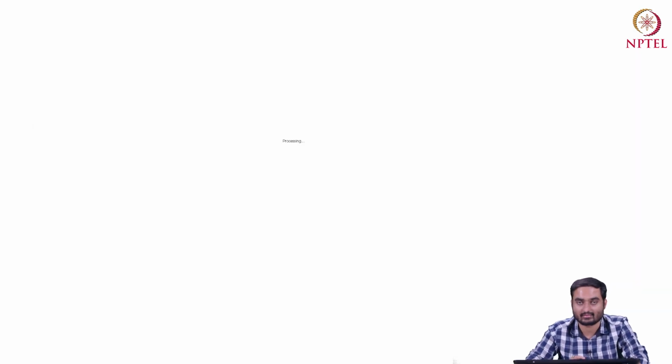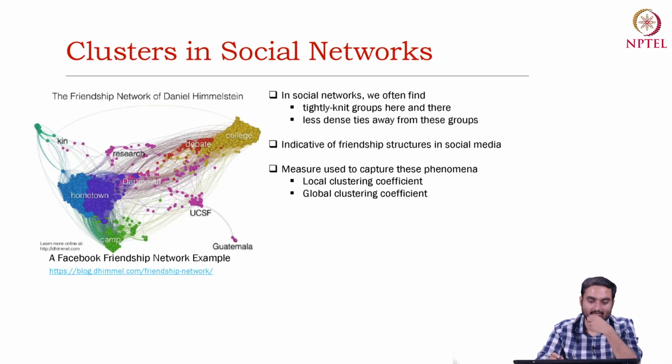Now let us look at another interesting property. This is called the cluster of a network. A cluster of a network is essentially a group of nodes which are densely connected to each other. I am making it vague intentionally because we have a separate chapter on clusters, graph clustering and graph community detection, and there we will make it concrete what we mean by cluster.